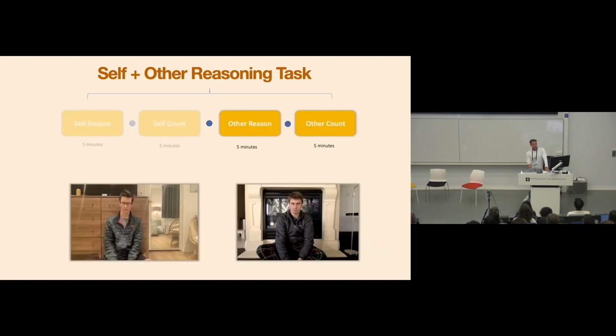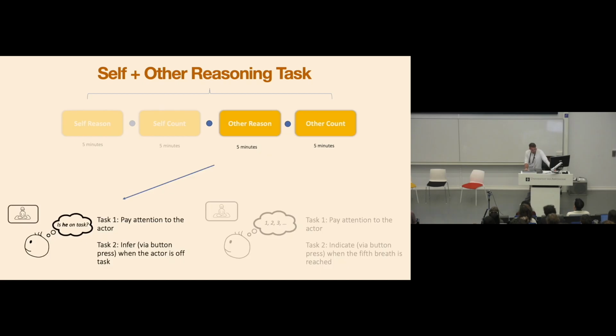For the tasks involving another actor, we displayed videos of actors performing the self-reasoning task, the meditation, on screen. And in the task requiring reasoning about another person's mind, we asked participants to carefully examine this actor and reason about whether that actor was on task. So if they noticed the actor's attention to have lapsed from the meditation task, they would indicate so via button press.